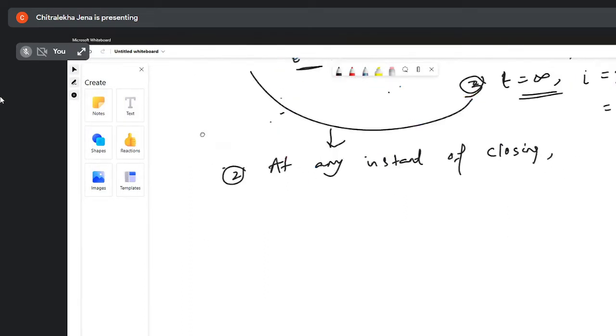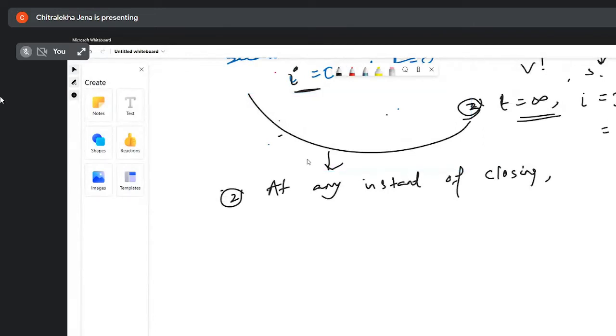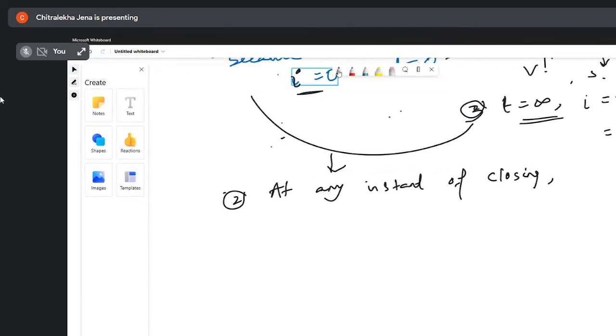Tell me. t is greater than 0 and less than infinite. Okay, this is the condition.